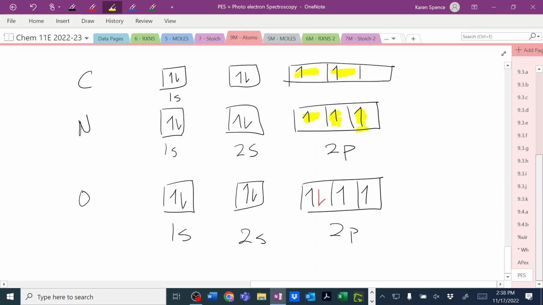And when two electrons have to go into the same orbital, that results in extra electron-electron repulsion, as opposed to this one, where they're going into separate orbitals. So I believe that's when you get that extra repulsion that then brings down your ionization energy.